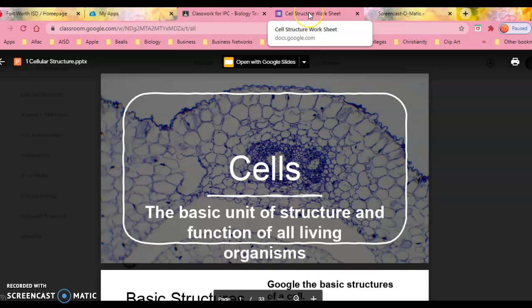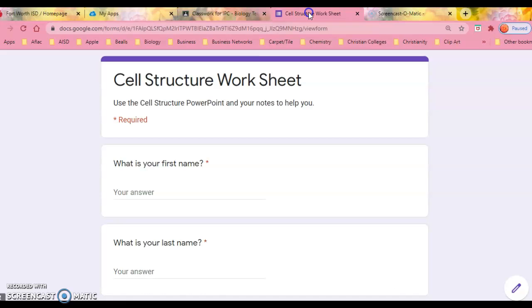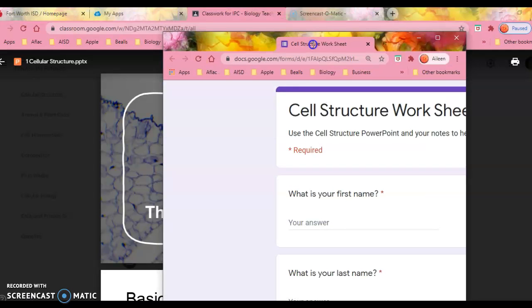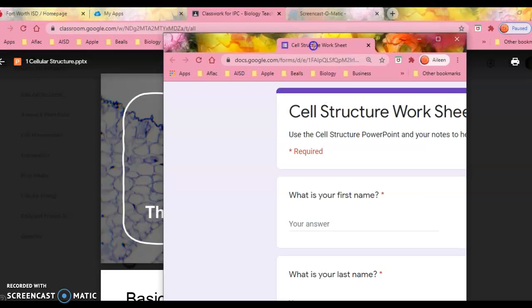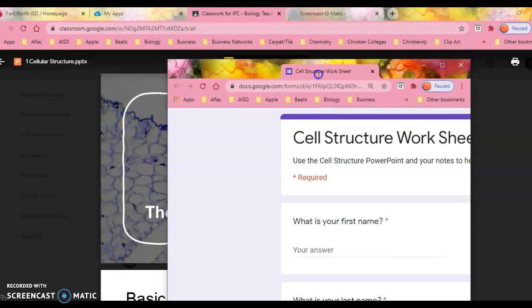But what you're going to do is you're going to press and hold down the mouse, and you're going to drag this down. I'll show you. So I'm pressing down now, and I'm going to drag it. See what happened? I pulled it out.